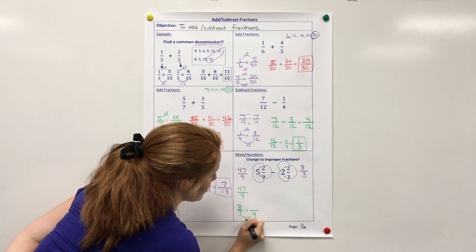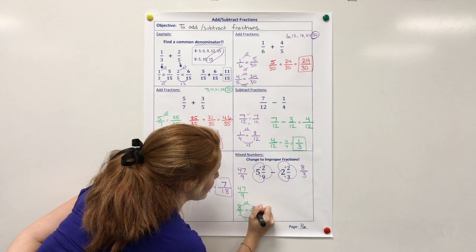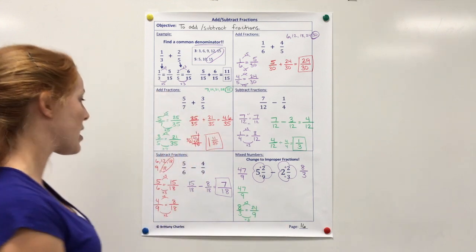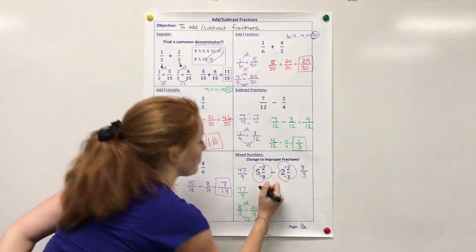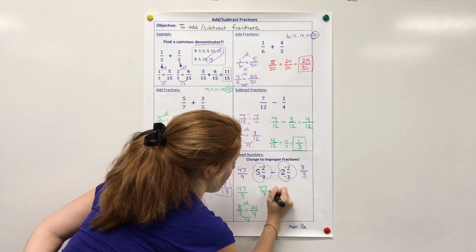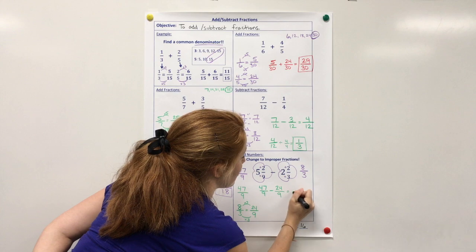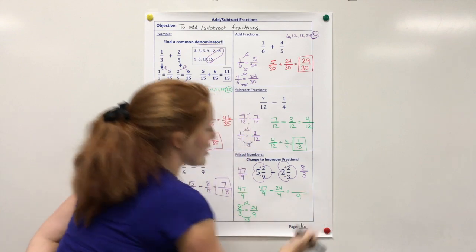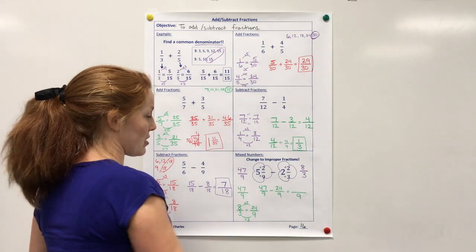This would be times 3, this is times 3, and that would be 24/9. Okay, now I take my two fractions and I subtract them. 47/9 minus 24/9. And again, I know that 9 will still be the same, so now I just need to subtract this.